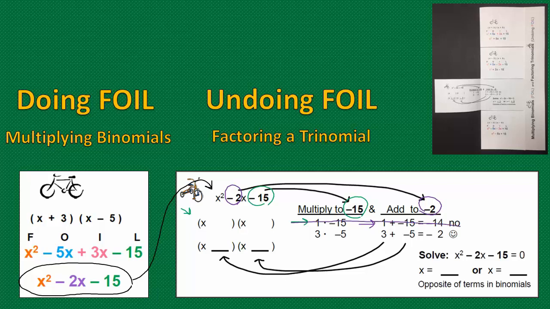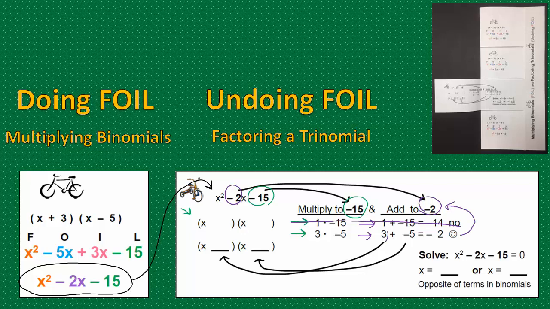So we're going to move to 3 times negative 5 to be equal to the negative 15. And then when we test those numbers, when we add them, 3 plus negative 5 is equal to negative 2. That is a match. That's exactly what we were looking for.